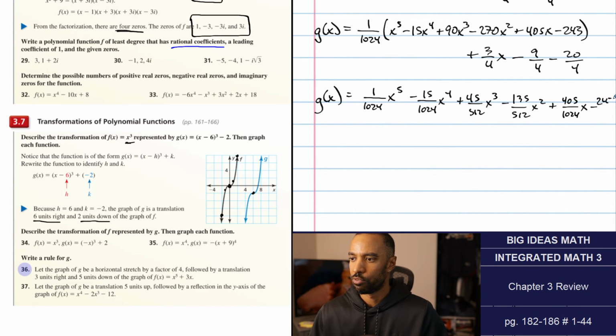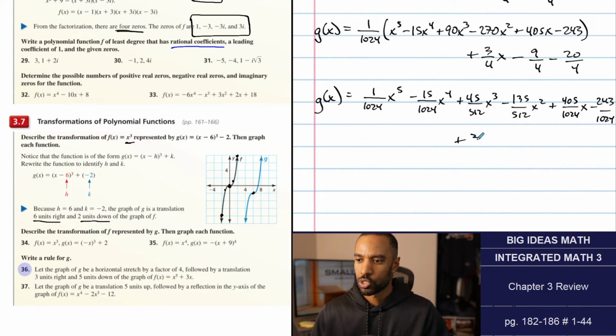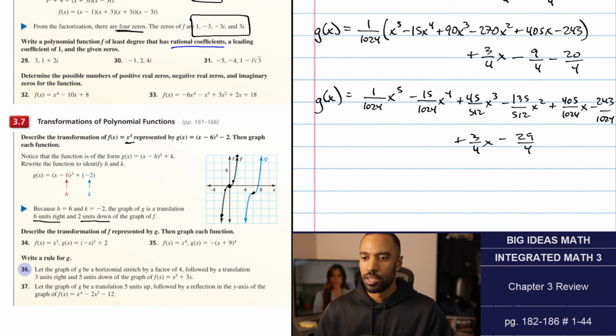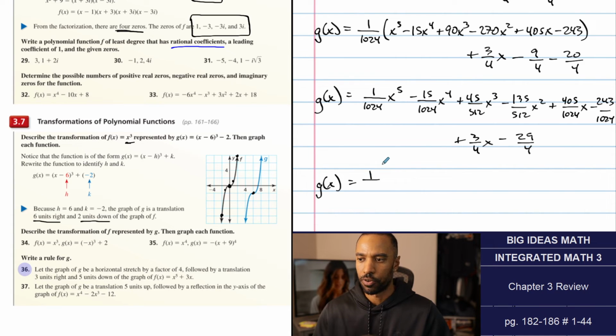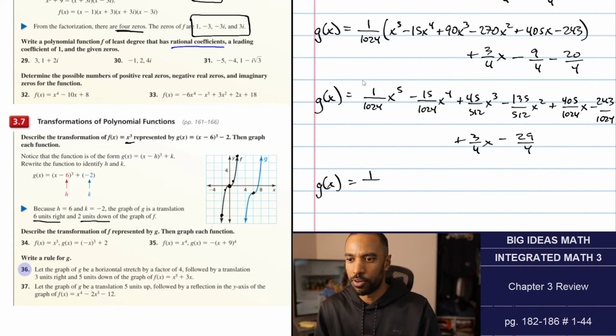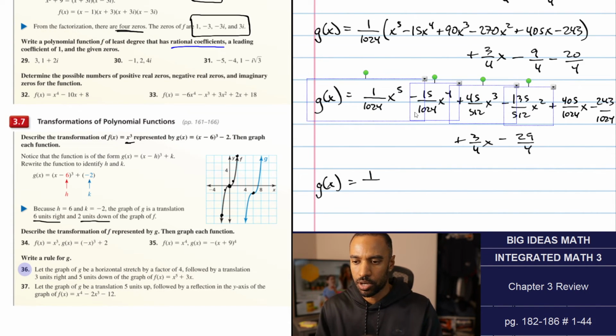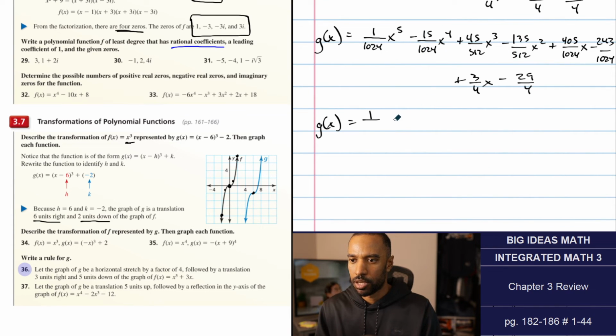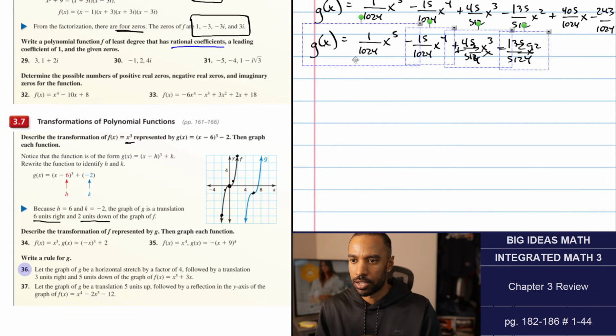So 243 over 1024. There's still the plus 3/4 x. And now there's minus 29/4 over here. So now we got to find common denominators for a lot of those. Let's copy and paste first these first 4 because those aren't going to change.